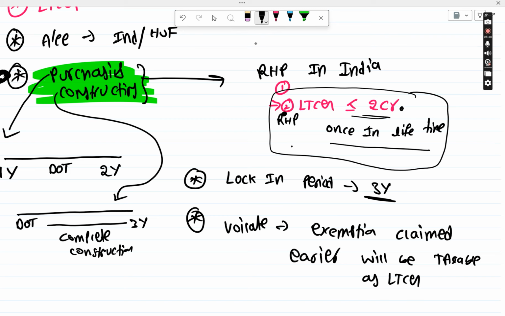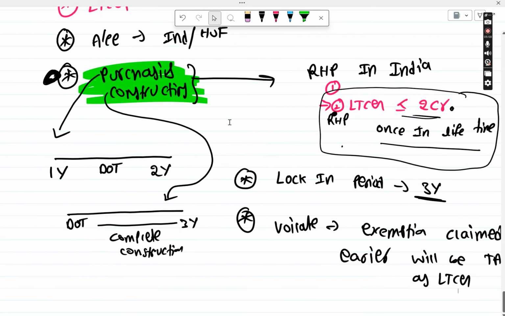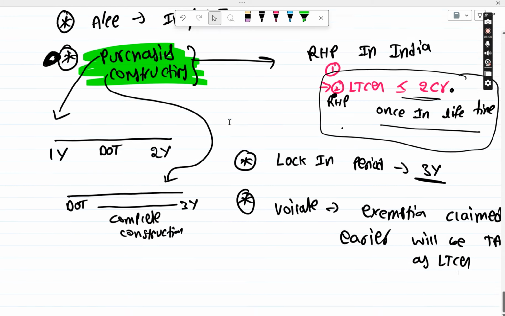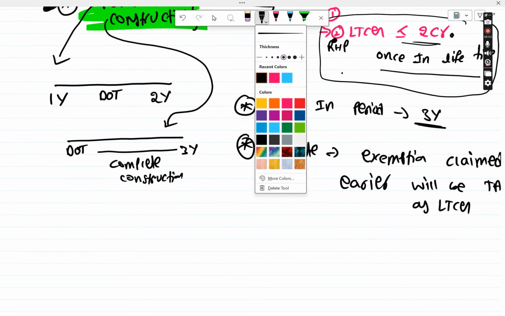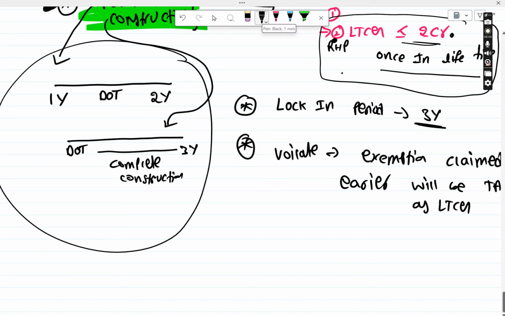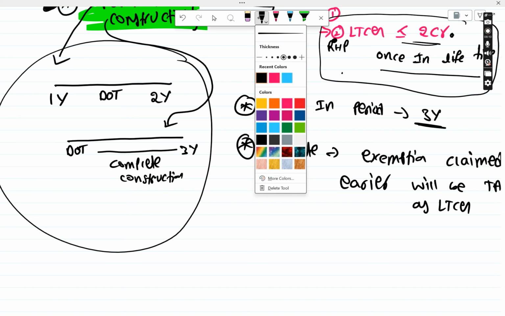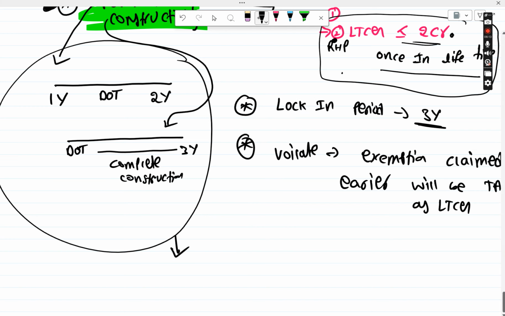Whenever you violate it, whatever exemption you claimed earlier will be taxable now. There is also something called the capital gains deposit account scheme. If you are unable to construct or purchase the house during this time, and you deposit the money in a capital gains deposit account scheme, then also you can claim the exemption.